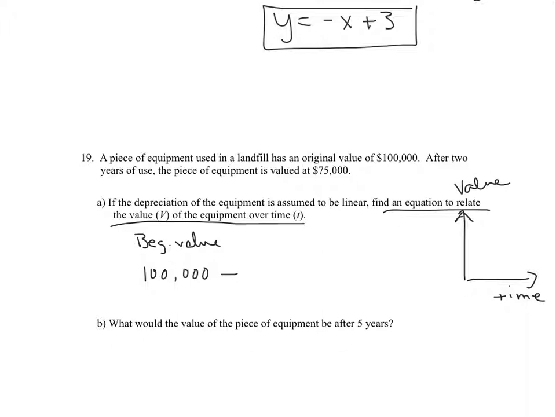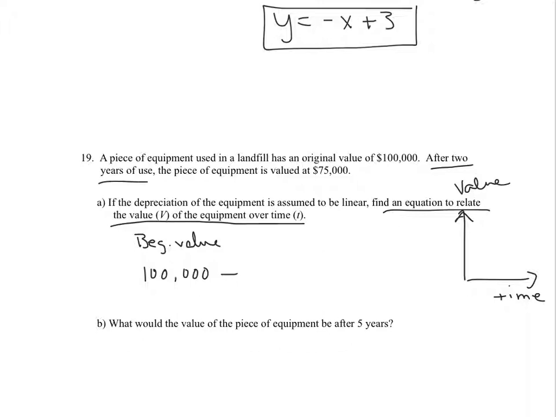Well, what's involved here is how much time is passing. This value is going to change over time. So before you get to your question, it tells you after 2 years of use, the piece of equipment is valued at $75,000. So your time that's passed is 2 years.